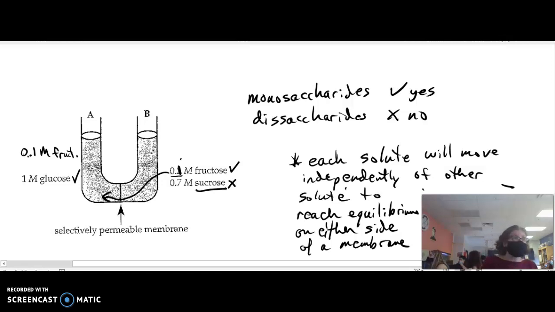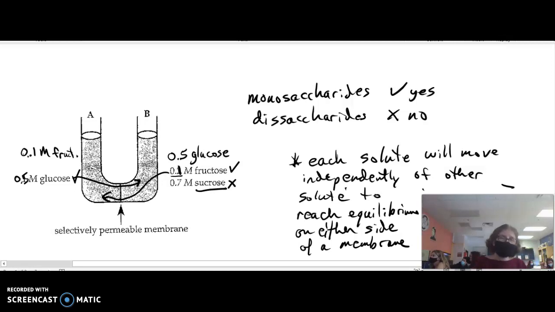The glucose is going to do the same thing. The glucose will move this way until it is 0.5, which is half of 1, right? And 0.5 on both sides. So they will move independently of each other to equilibrate their own amounts on each side. The sucrose can't move, so it stays right where it is.